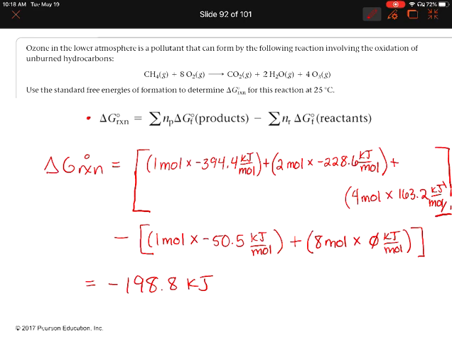And then if we add up everything in the reactants, we should get positive 50.5 kilojoules. So overall, the Gibbs free energy of this reaction is negative 148.3 kilojoules.